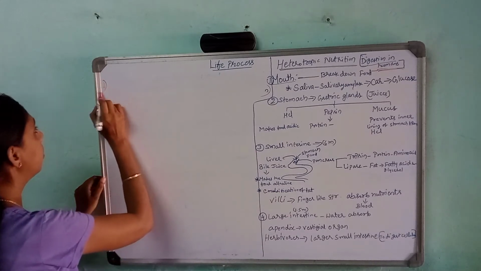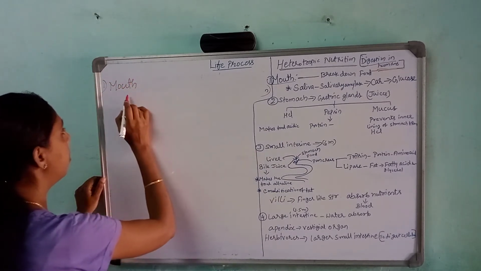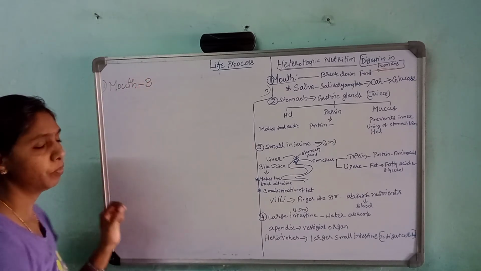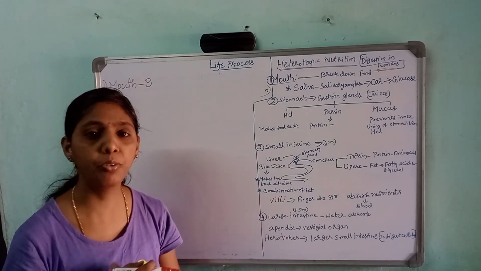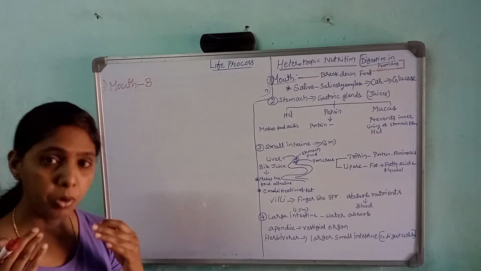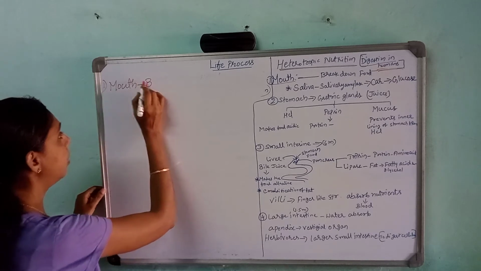So first one, it is starting with the mouth. Okay, the digestion starts with the mouth. So in the mouth, what will happen first? Breakdown of the food. With the help of the teeth, the breakdown of the food will take place. After the breakdown, it retains in the mouth itself. So after the breakdown, what will happen?